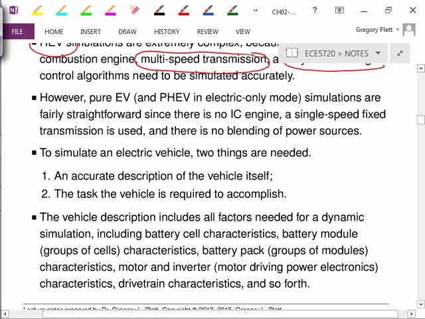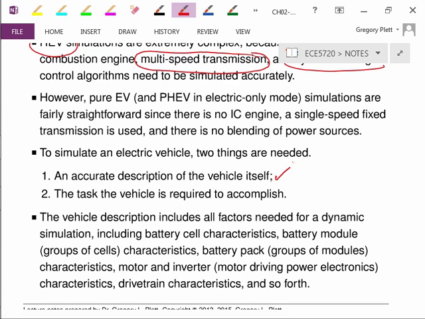But these are things that you can guess reasonably accurately, even if you don't know what the vehicle is, just by looking at comparable vehicles on the market that might have some of these characteristics published. So you can get that data. And then the task the vehicle is required to accomplish. This is the profile of speed versus time, for example, that the vehicle is required to meet.